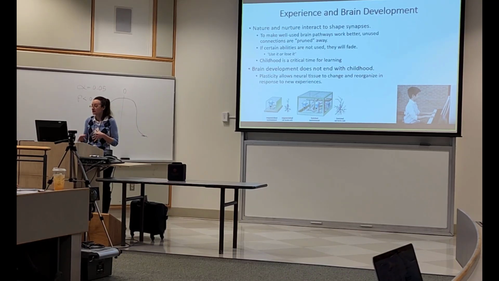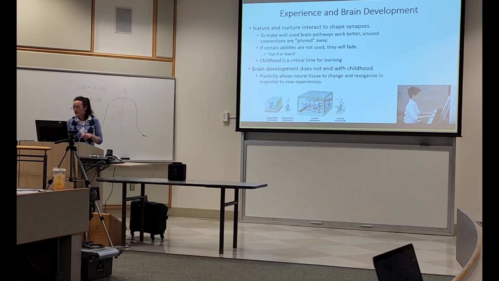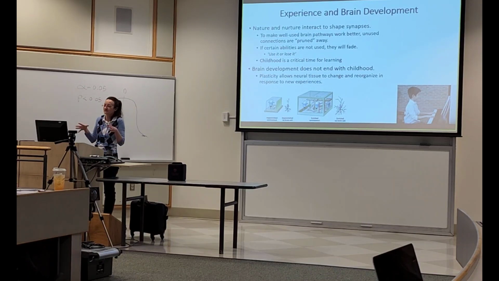Rats that are raised in enriched environments show greater brain development, more connections, compared to rats that are raised in impoverished environments. If you want to maintain those connections, you have to keep using the skill. Otherwise, you'll lose it. Your body will use the energy that's invested in maintaining that connection for something else.